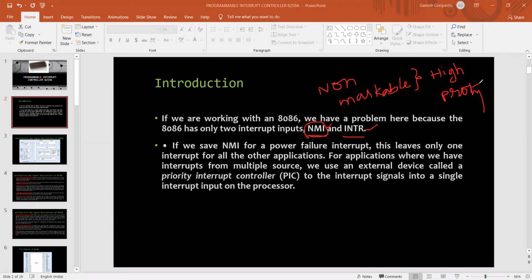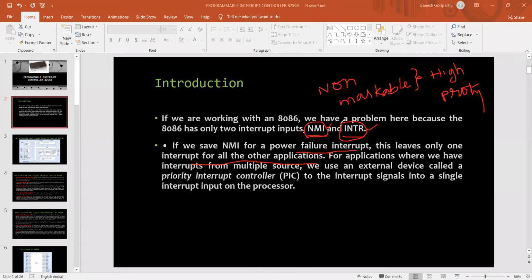So if we save NMI for the power failure interrupt, that means a very important one, this leaves only one interrupt for all other applications. We are left with only a single interrupt input signal to 8086.